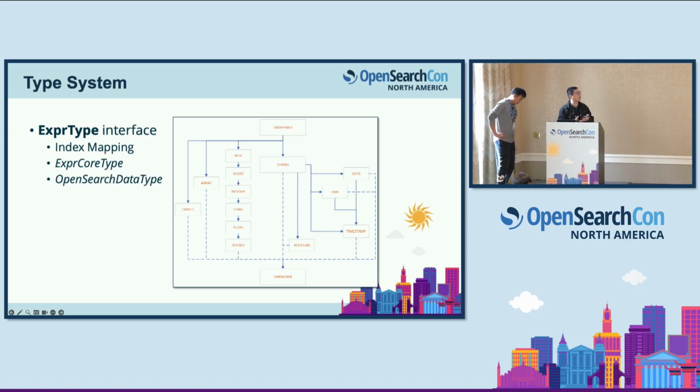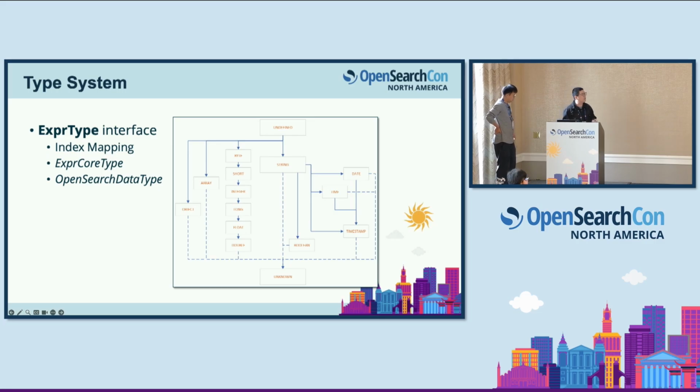So we introduce a bridge type system we call the ExprType. ExprType is actually used in our V2, so we reuse it as an interface to map the index mapping and the Calcite type system.